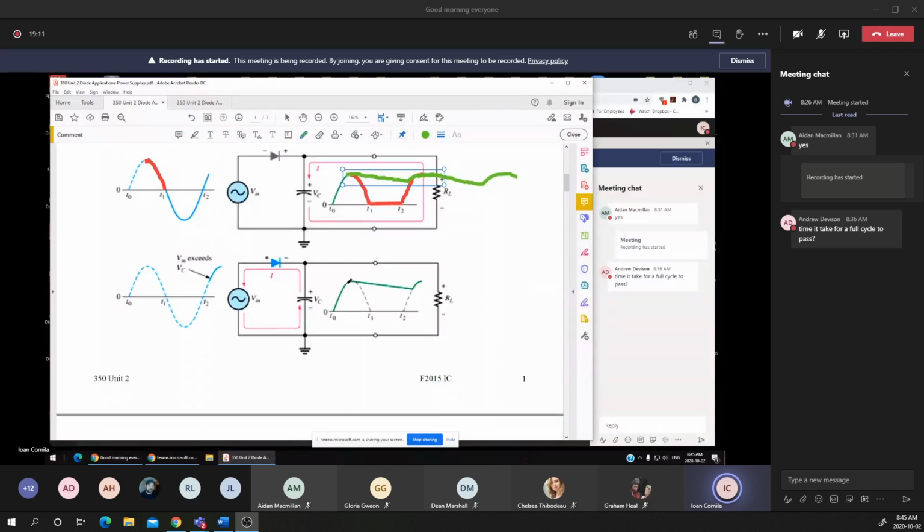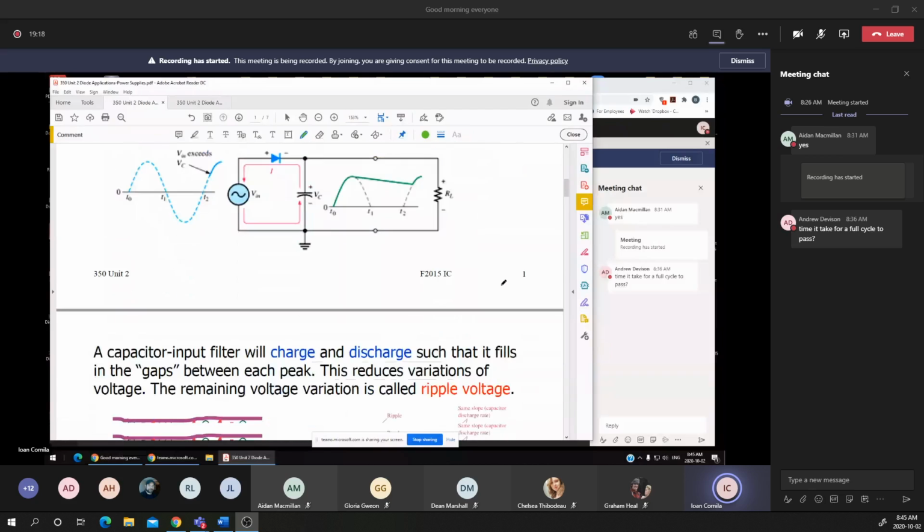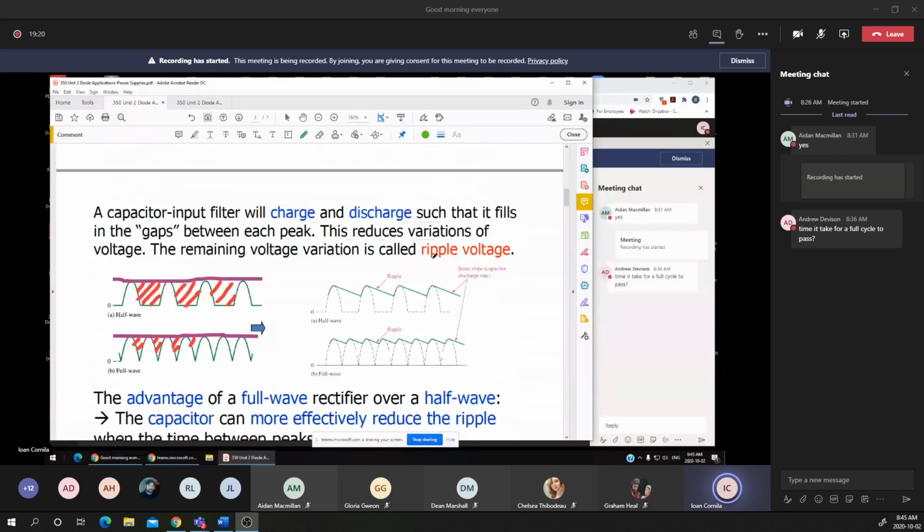The initial ripple was between 0 and VP. Now the ripple is much smaller. Just to remind you, ripple is the change, or variation, in voltage between the two limits.